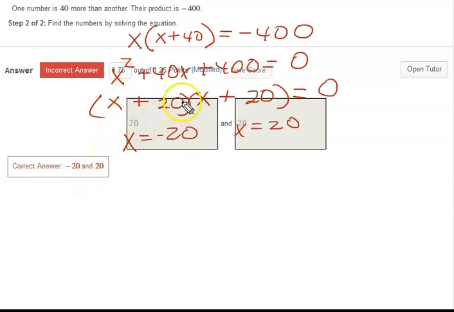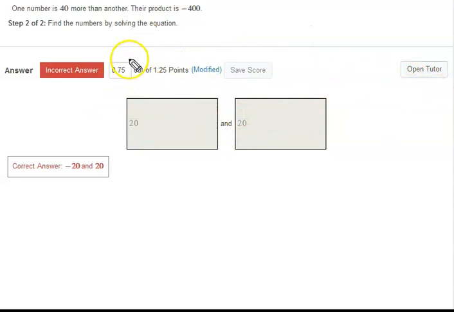And I think I gave them partial credit because they had one of the answers. Yes, let's clear this up so you can see it. They got some partial credit based on the work. They just messed up on the sign a little bit. But you can't have two numbers being the same if one is 40 more than the other.